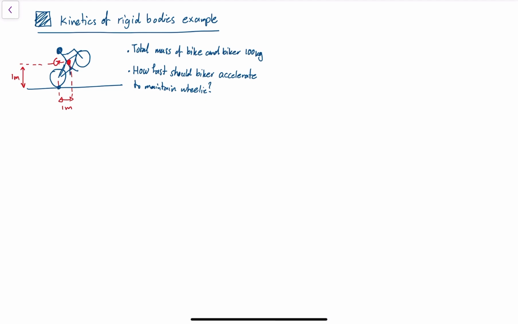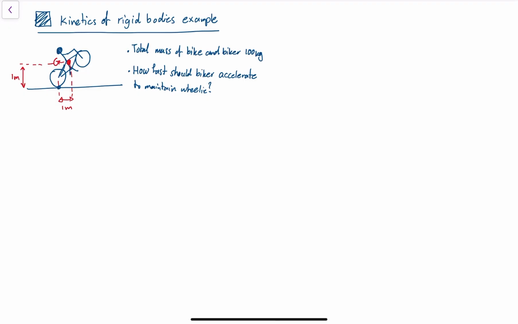Before solving this, it's a good idea to have the intuition of what we are dealing with. Assuming that the bike is stationary, not moving, it is practically impossible to maintain this posture because you would just fall back down. You would not be able to maintain this.